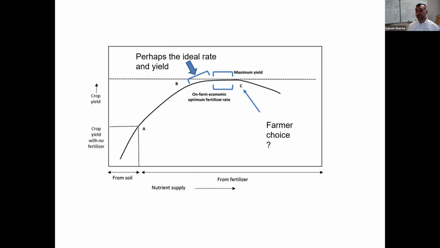So your economic benefit is before your maximum yield. I'll explain that in later slides, how that plays a huge role in both saving the environment and at the same time having more money in the farmer's pocket.